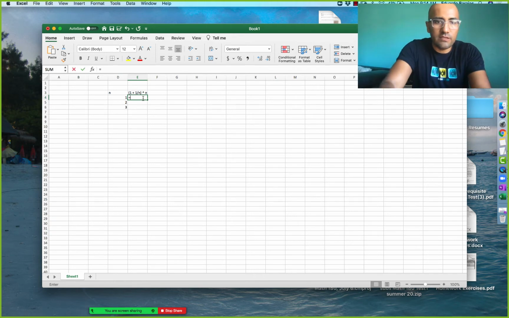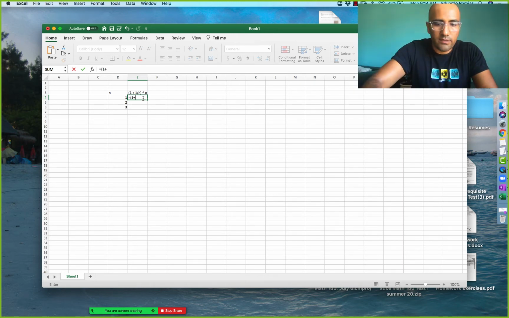Good. So this is the equation now. F of n equals 1 plus parentheses 1 divided by whatever's in this box, close parentheses, to the power of whatever's in this box.